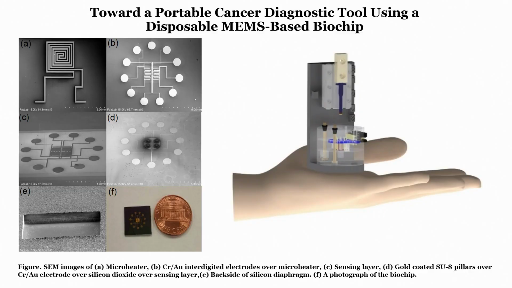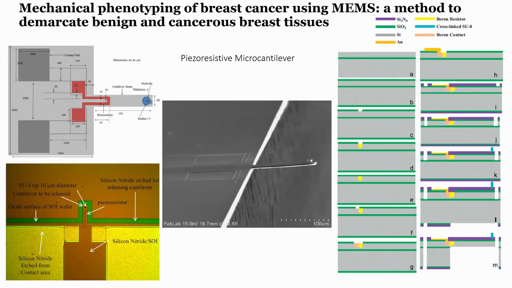Now, let us quickly see what we have seen. We have seen a biochip that can help us understand electrical properties, mechanical properties and thermal properties of a tissue, right. Then we have seen a piezoresistive microcantilever that can help us understand the mechanical property of tissue, right.